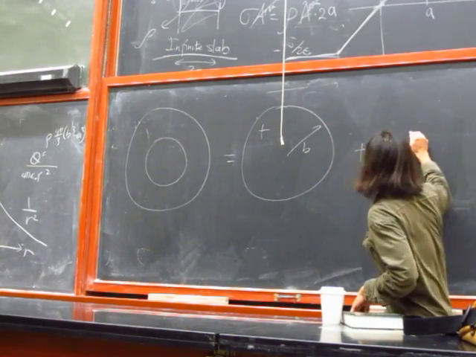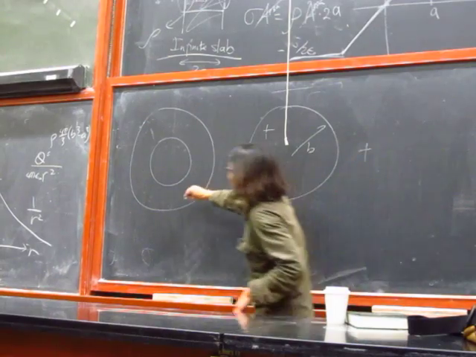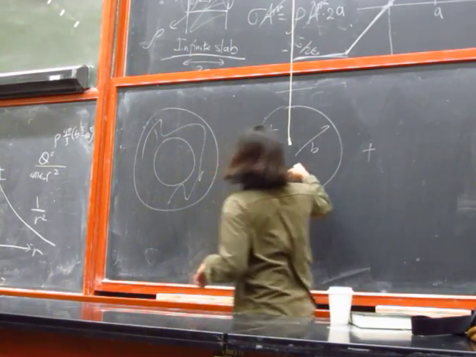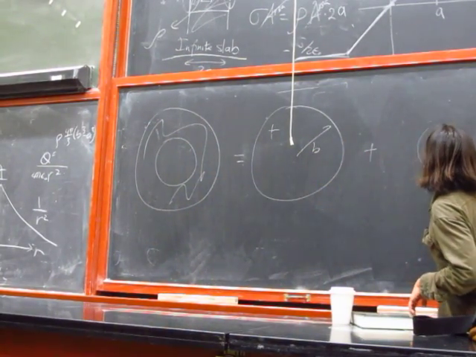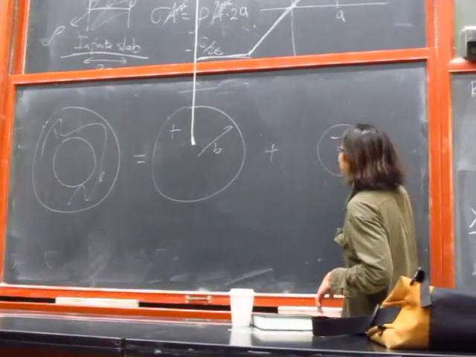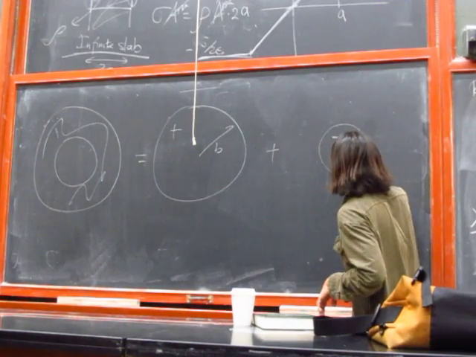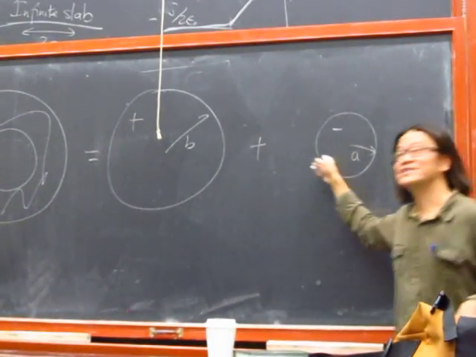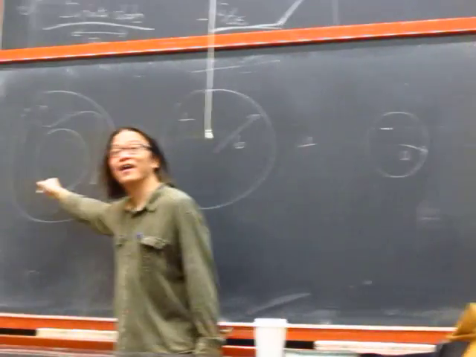In this case, this shell is just the sum of that plus a uniform minus charge, a sphere of radius A. The sum of these two becomes that.